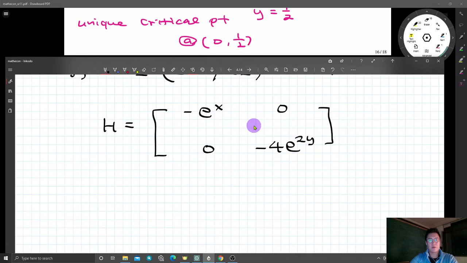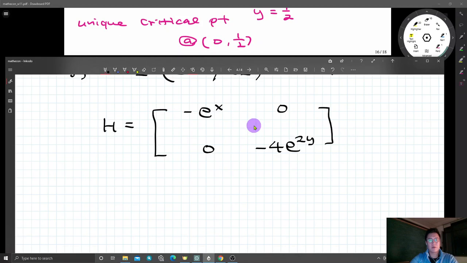We plug in 0 for x. e to the x at 0 is 1, so this entry is negative 1. And when y equals 1 half, this entry goes down to negative 4 e to the power 1, so negative 4e, number e.